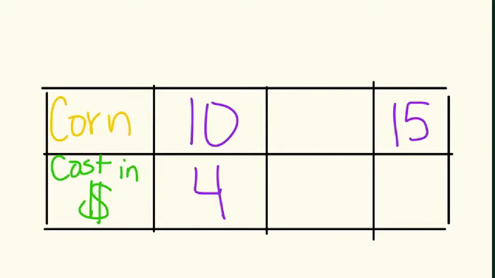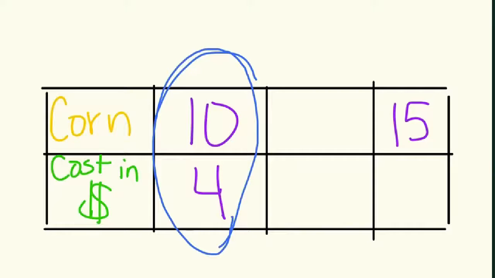If we can't make the number bigger by multiplying, maybe we can make something smaller. When I think about my factors of 10, my factors of 10 are 1 and 10 and 2 and 5. I do need a common factor between 10 and 4, so I'm going to divide both by 2.